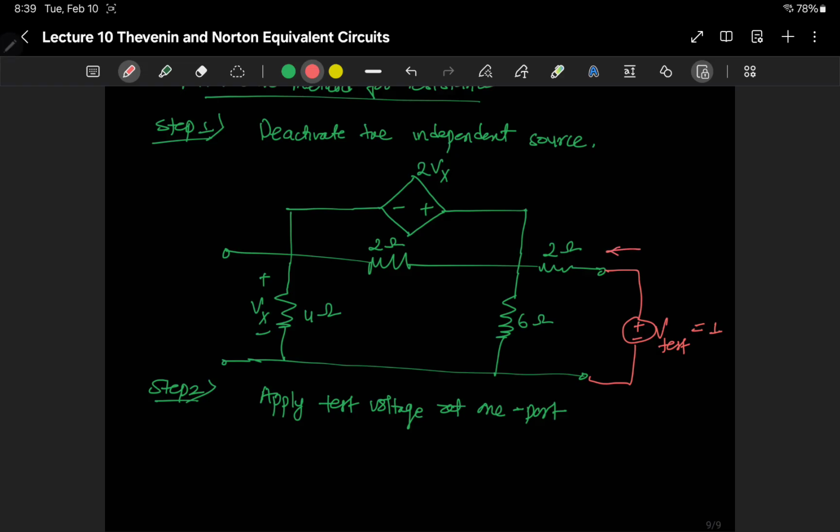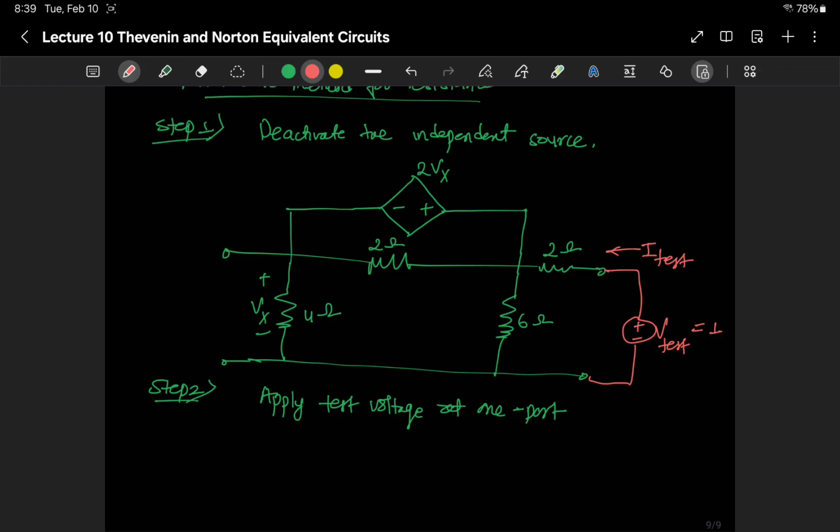Based on this direction, I'll assign the I test as this. Now if we can find I test, we can determine the equivalent resistance, which is the ratio between the test voltage V test and the test current I test.